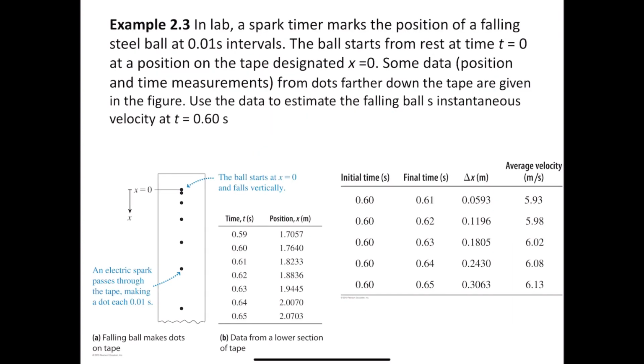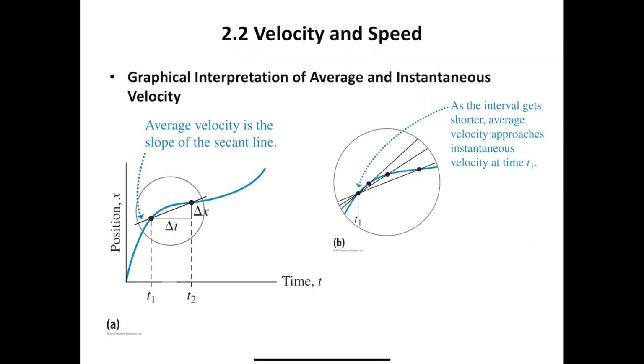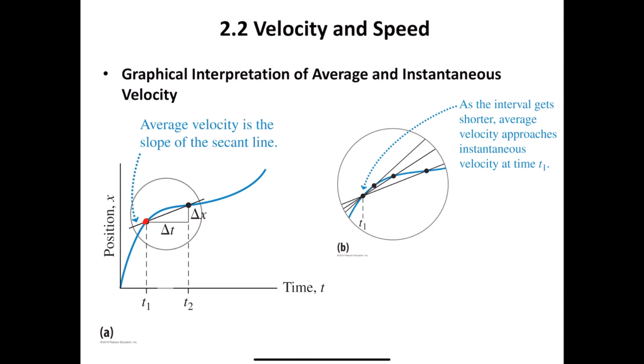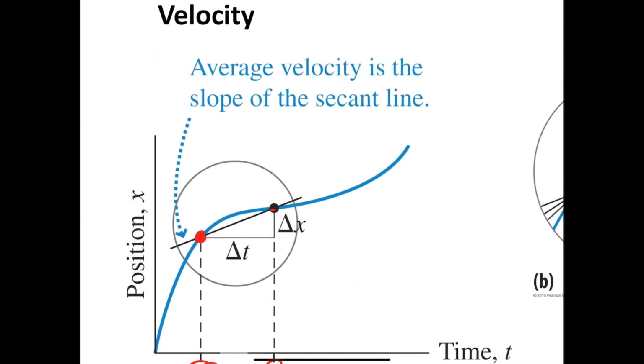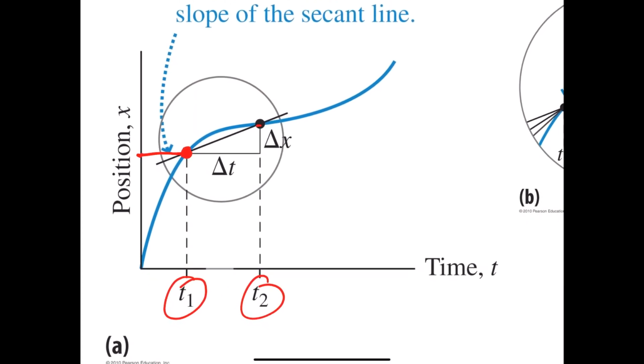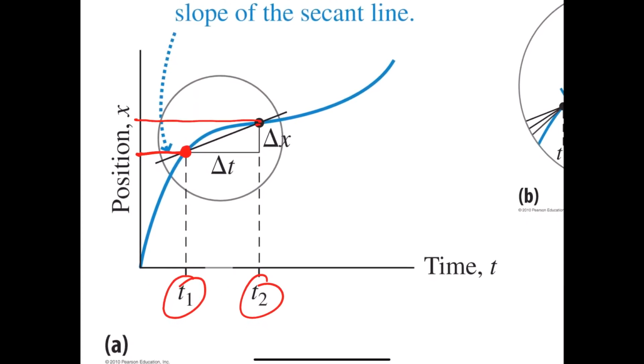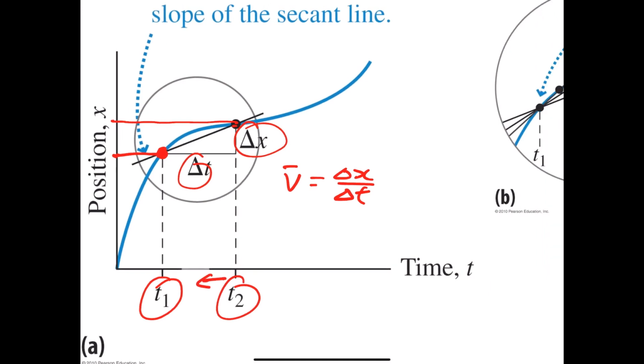Graphically, this is what you do. This is where the idea of calculus comes in. If you have T1 and T2, when you do the average, you are saying at T1 this is your position, and at T2 this is a new position. So this is your delta x, this is your delta t. So the average velocity is delta x over delta t. Now, as I said, you lose information. So you want to push T2 closer to T1.